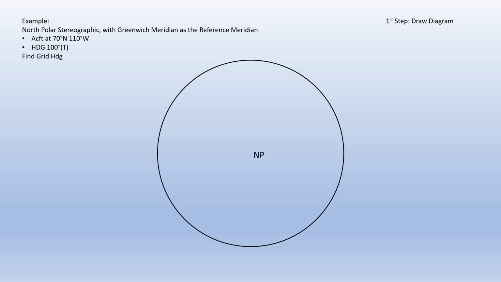Therefore, the direction of true north is toward the center of the diagram. If we want grid north pointing toward the top of the screen, our reference meridian needs to be drawn at the 6 o'clock position. Opposite to the prime meridian is the anti-meridian, 180 degrees.